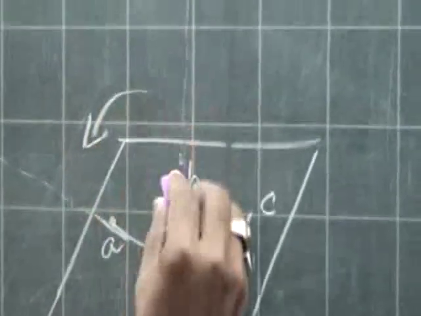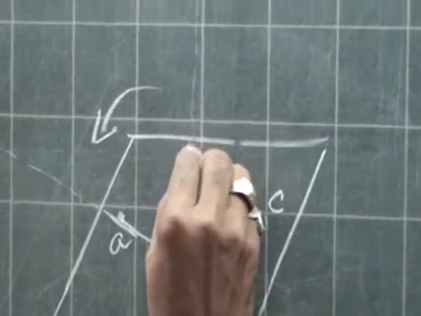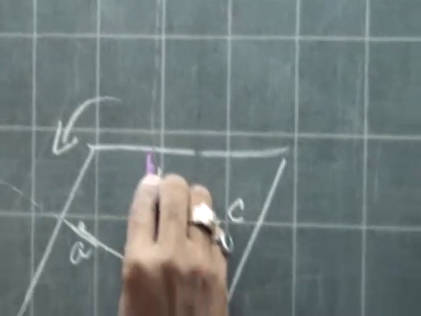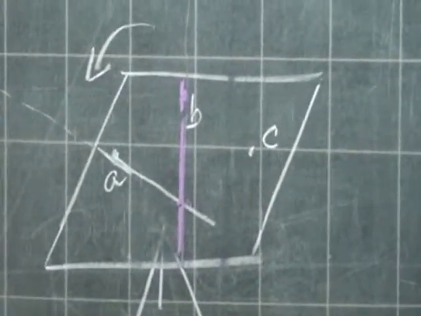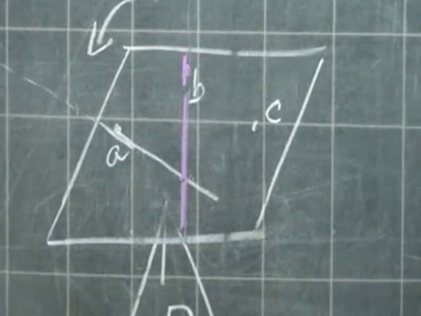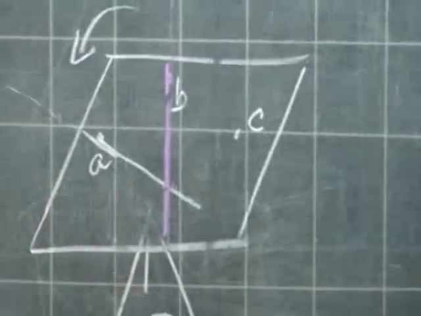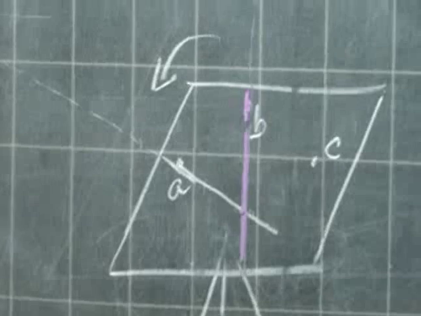So when you keep the alidade at b in such a way that capital B on the ground and small b on the plane table are in one line, and you extend this line, it will cut at a point. It is quite natural that 2 lines will always make an intersection and give you a fine point.